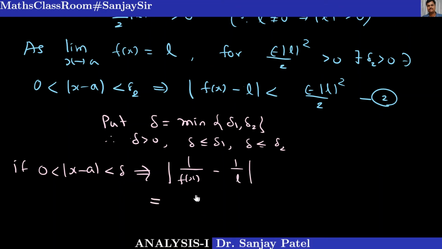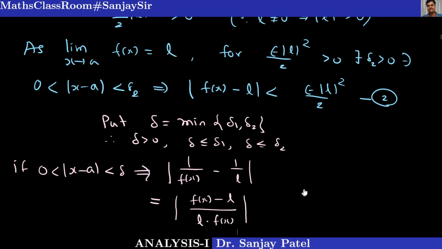If you simplify this as we have explained earlier, I can write this as f(x) minus L, or L minus f(x) because mod is there, so there is no problem, over L into f of x. Okay.